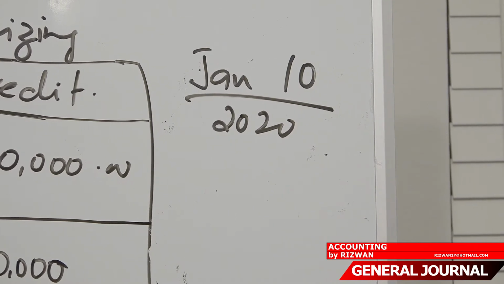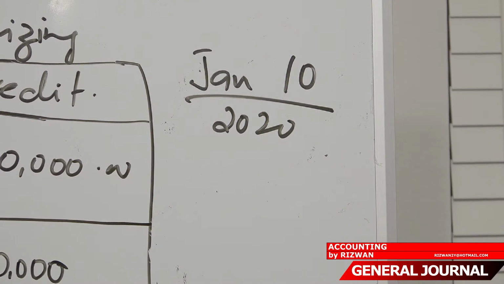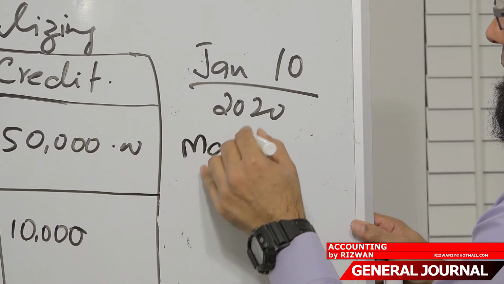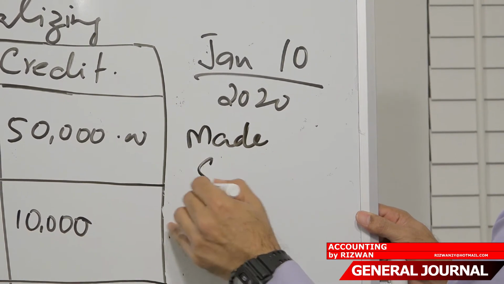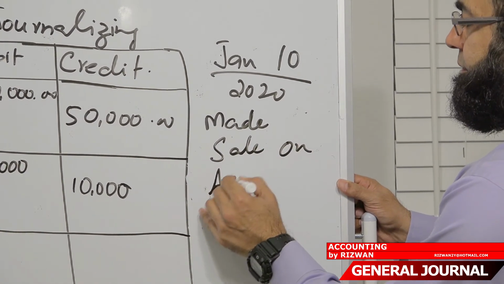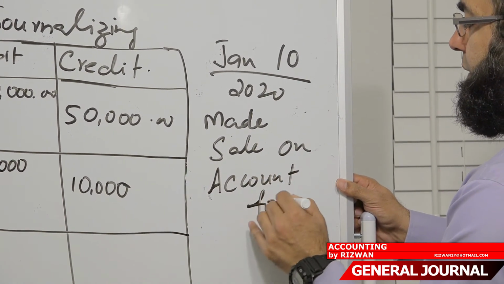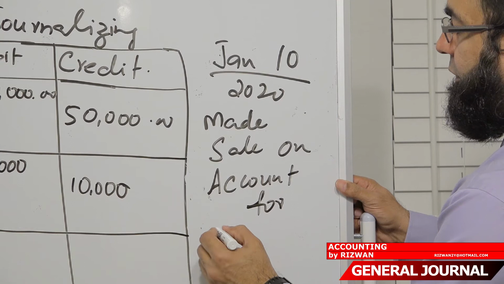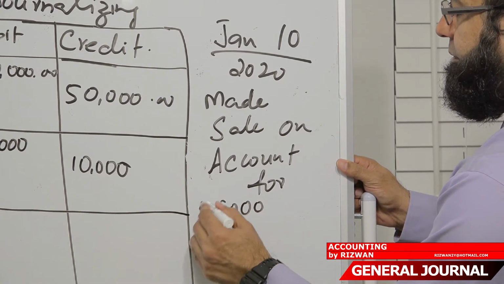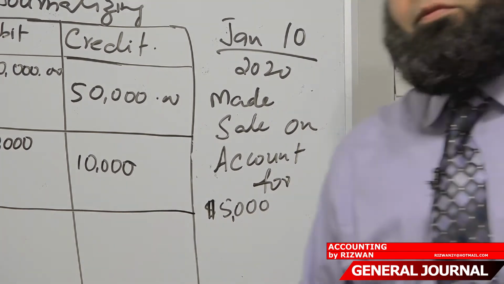You made sales on account. I'm just giving an example. Let's say you made a sale on account for $5,000.